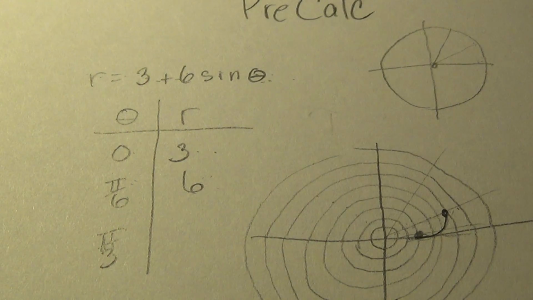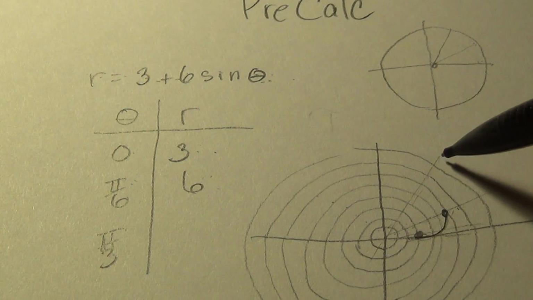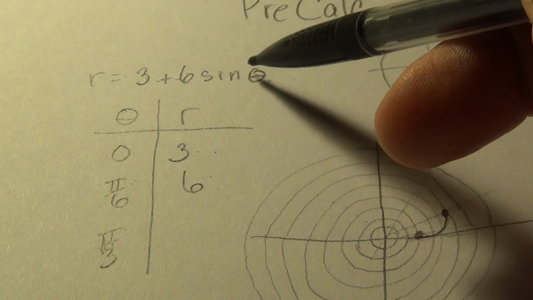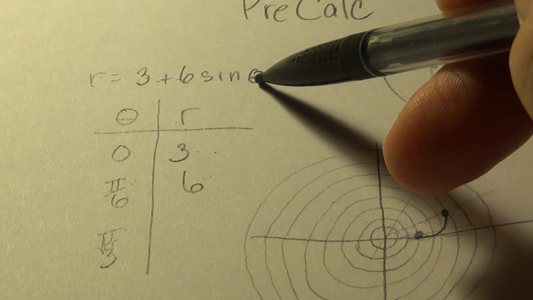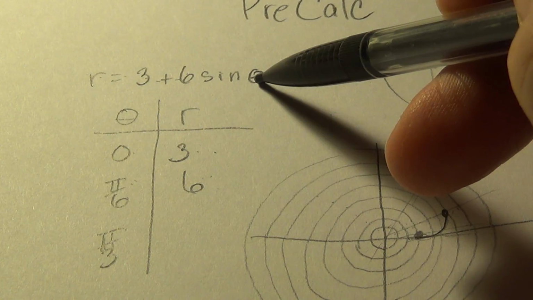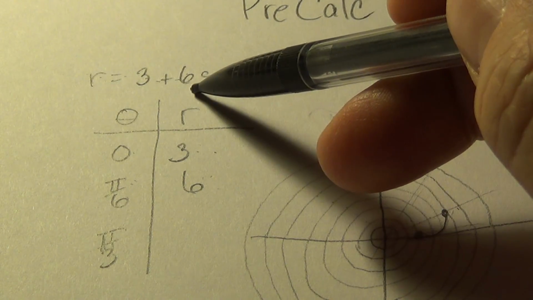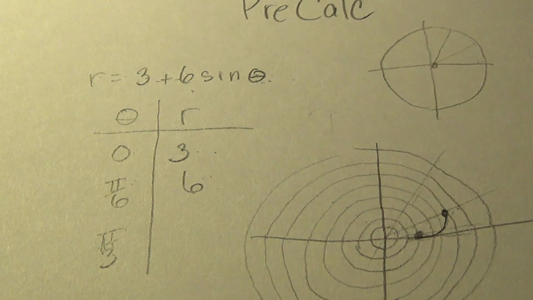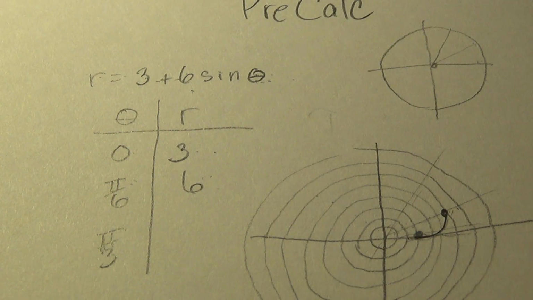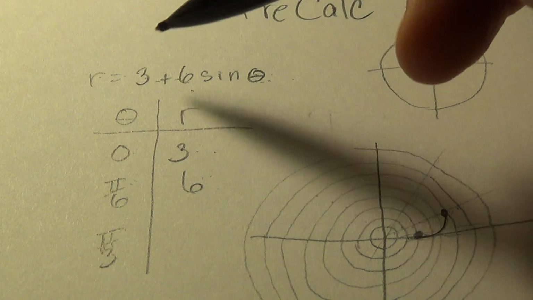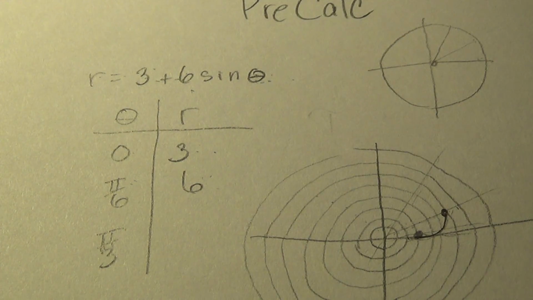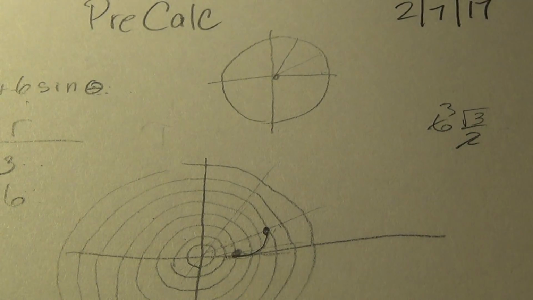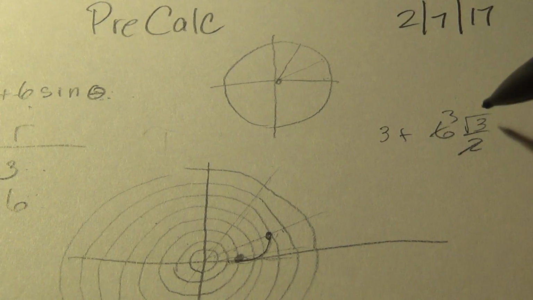Alright, pi over 3 I'll do next. Pi over 3 is just going to be graphed along this angle. Sine of pi over 3 is square root of 3 over 2, times 6 is 3 square roots of 3. So then I have this plus 3. So I kind of worked here on the side. It's going to be 3 plus 3 square roots of 3.